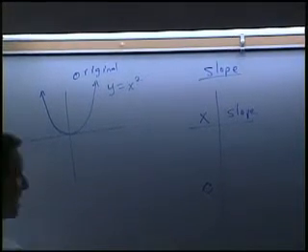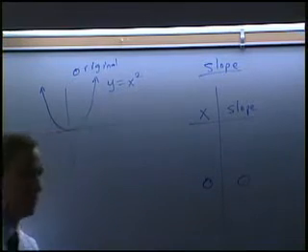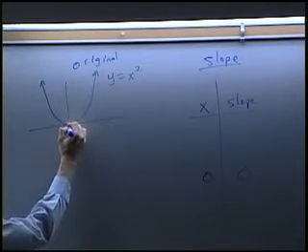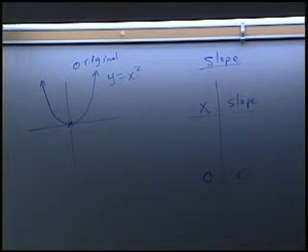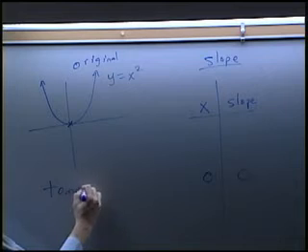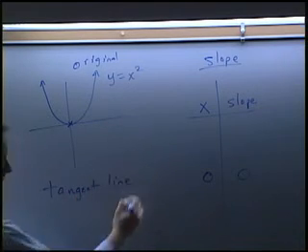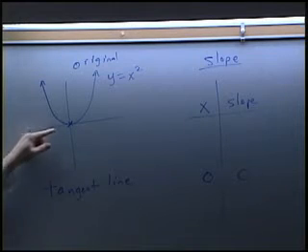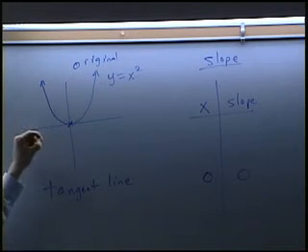Okay, now, the reason I say this is the easiest one to see, if I was to come into this graph here, and if I was to pick this point right at the origin, if I wanted to draw something called a tangent line. A tangent line is a line that touches this graph in only one point.